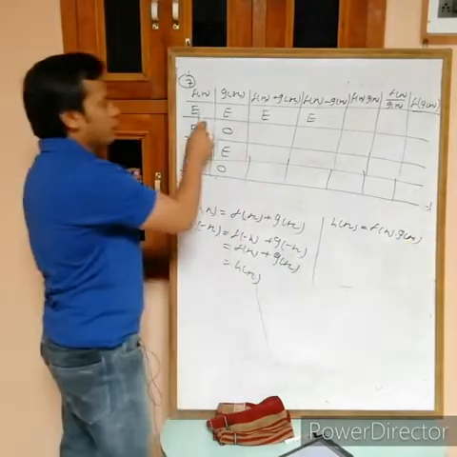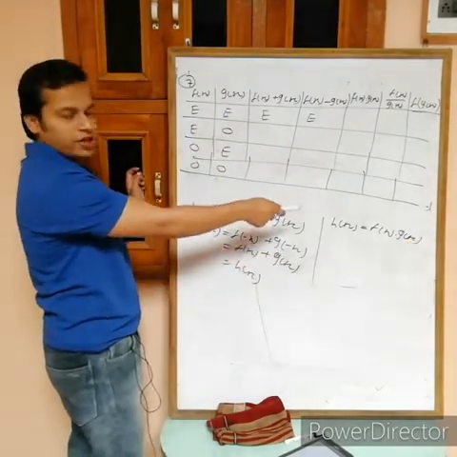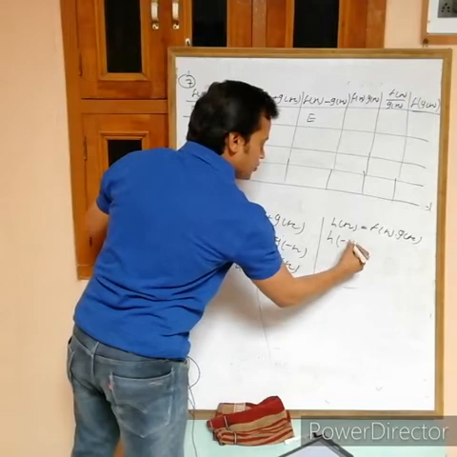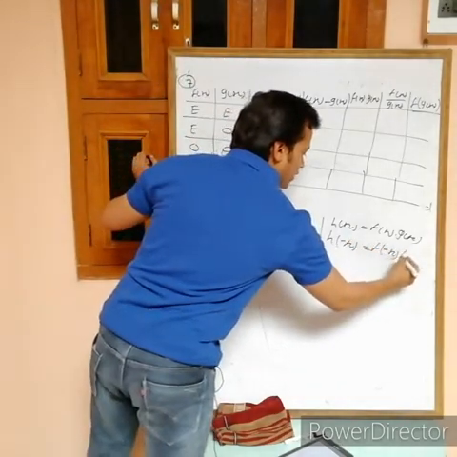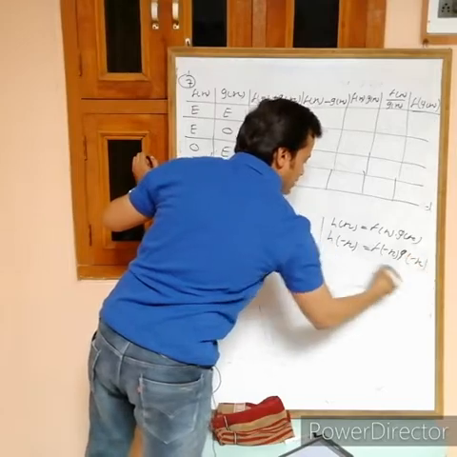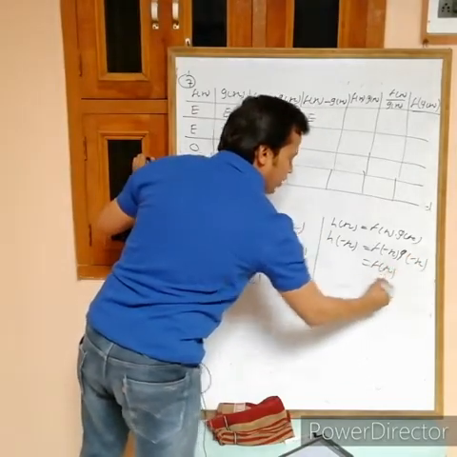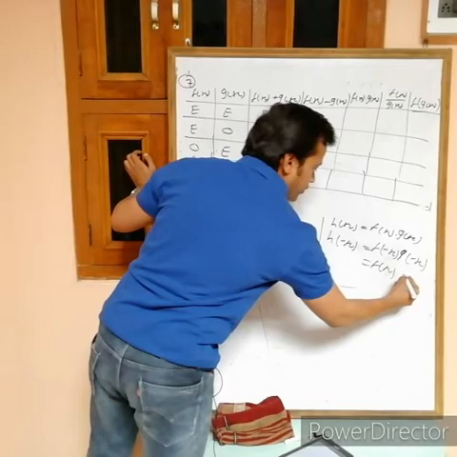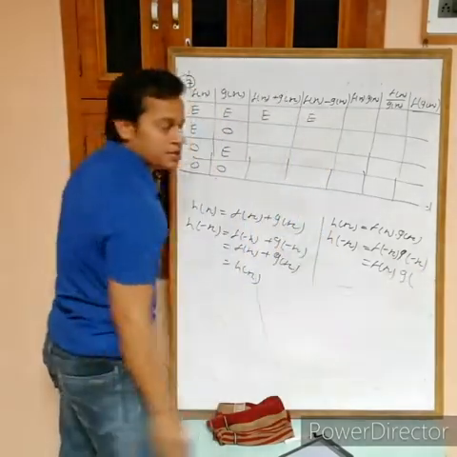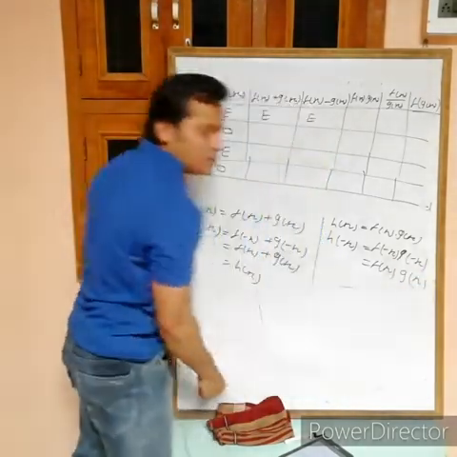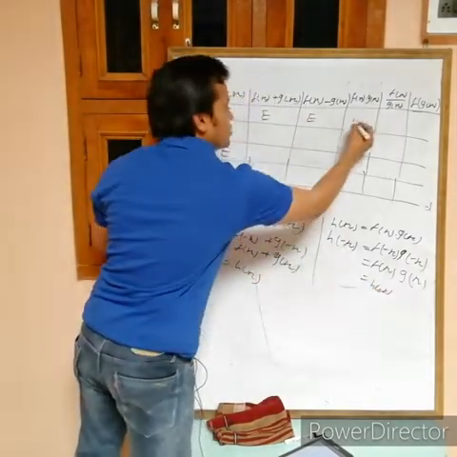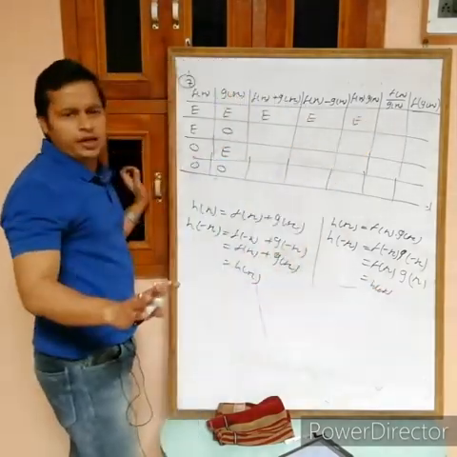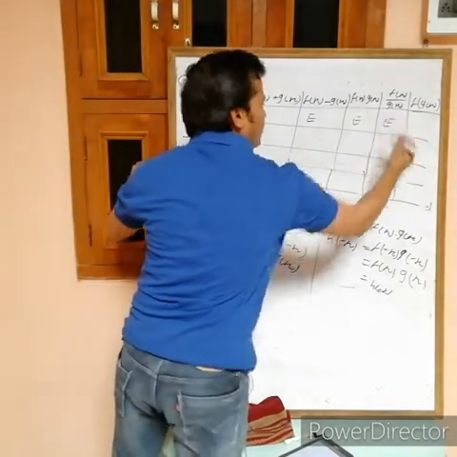And for this one, when both are even, I want to identify whether this one is even or odd. Replace x with minus x, then here we are getting f of minus x, g of minus x. f of minus x equals f(x) because f(x) is an even function, and g of minus x equals g(x) because g(x) is also an even function. Okay, then again we are getting h(x), so this one is even. So similarly you can check for anything. So this one also you will get an even function.